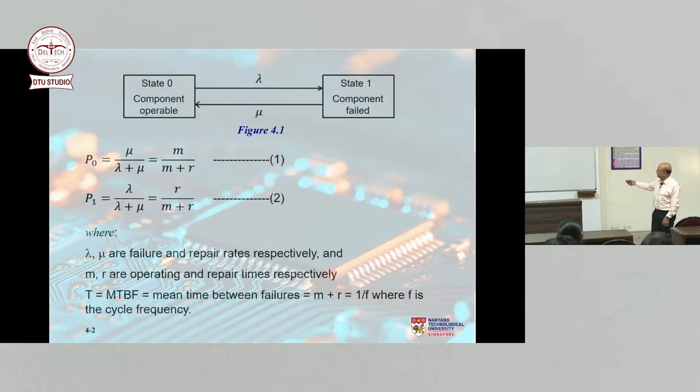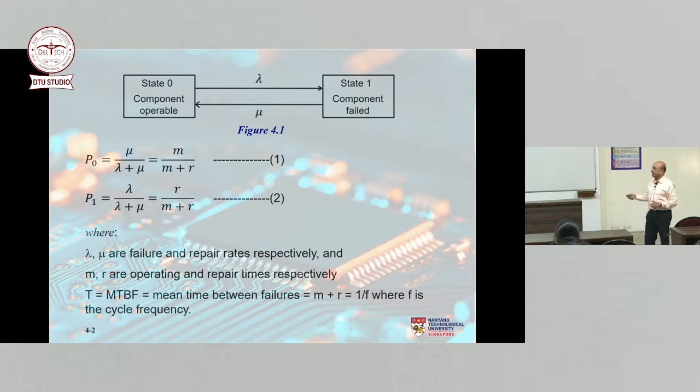Now what does that mean? Lambda times P0, that is the probability of being in this state multiplied by the rate at which the component leaves this state, correct? That is what it is, P0 times lambda is equal to P1 times mu, the probability of being in the failed state multiplied by the rate at which it goes away from that state.